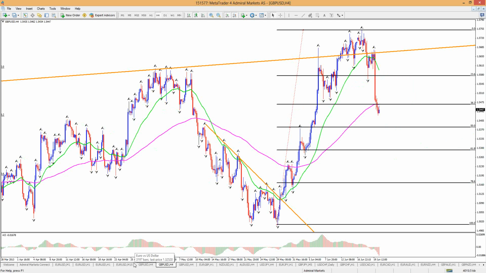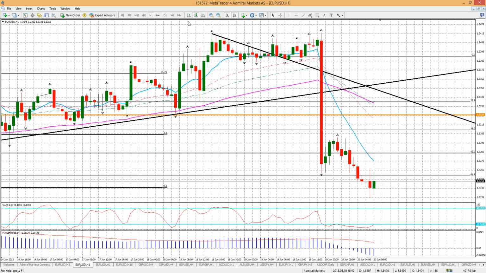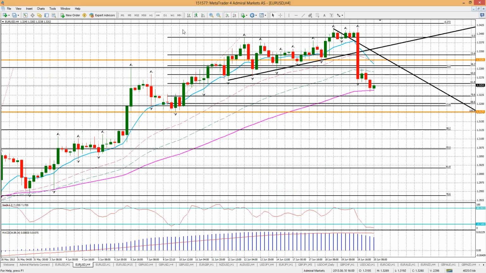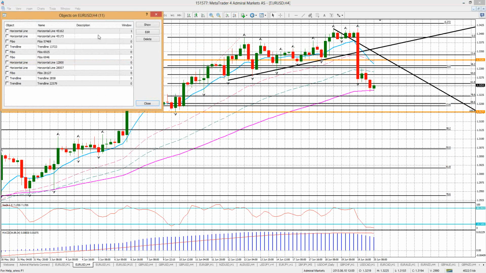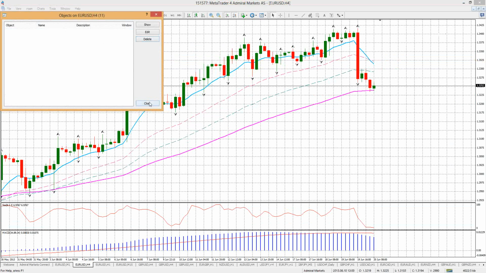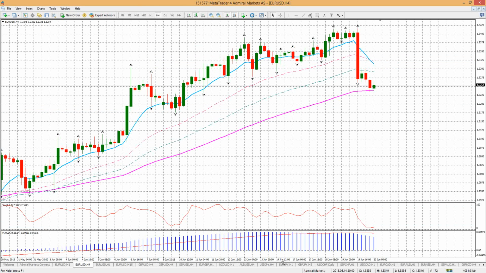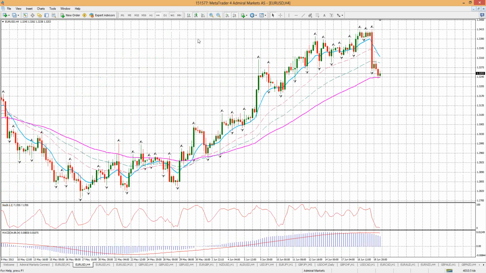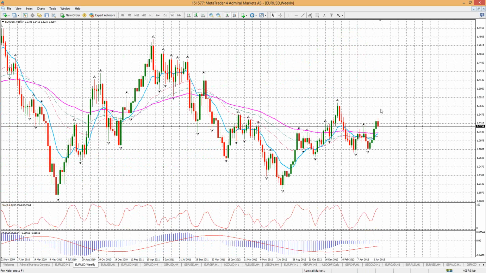Let's take a look at the euro. Here it is. Euro is a bit different because it didn't break last week's low yet. The pound and Aussie did.